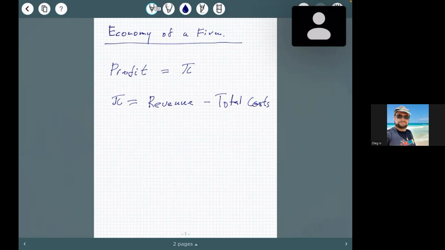Revenue is all the money the company gets from selling products. Cost is what those products cost to produce, or to buy wholesale and then resell. Whatever the costs are, total cost. So revenue minus total cost is profit. Now revenue itself, we model as price multiplied by quantity, or P times Q.